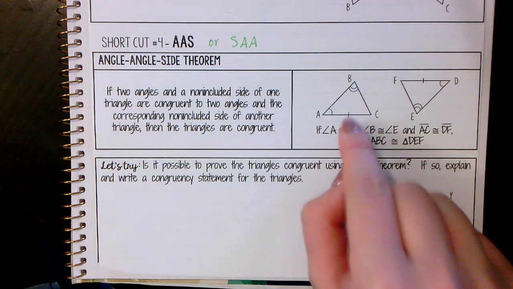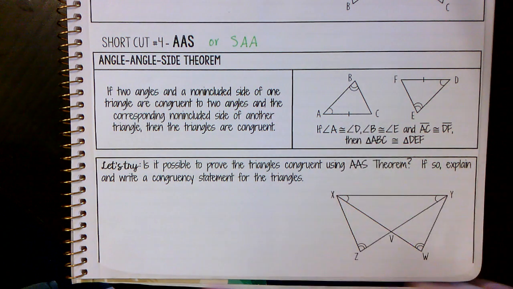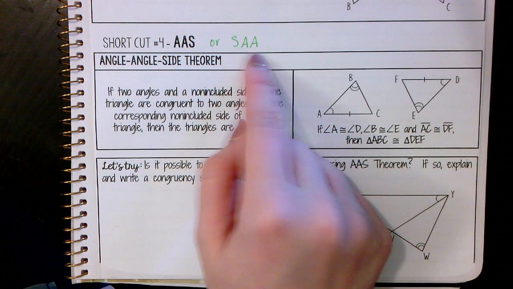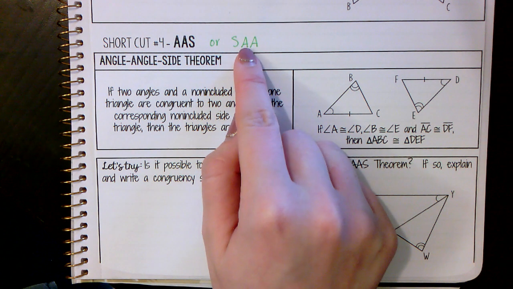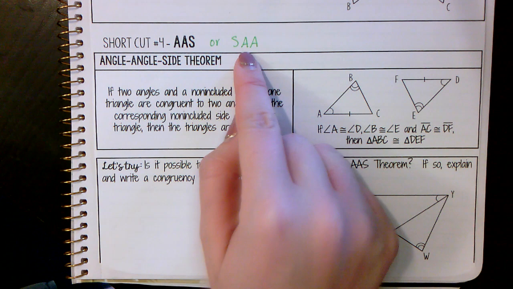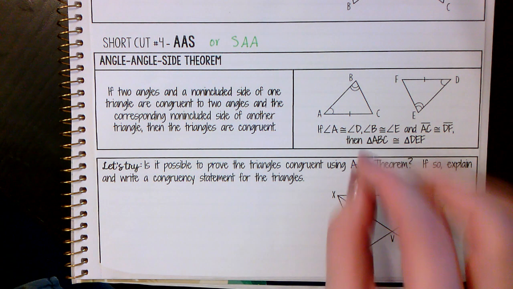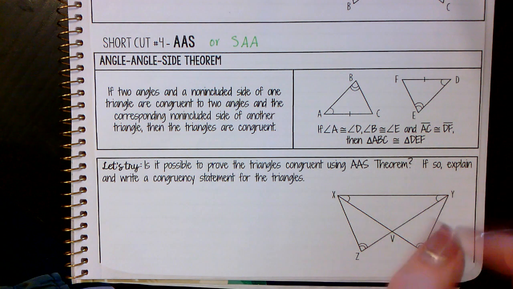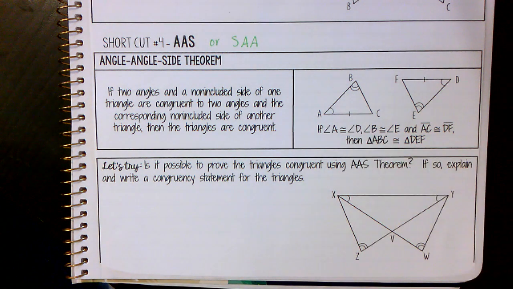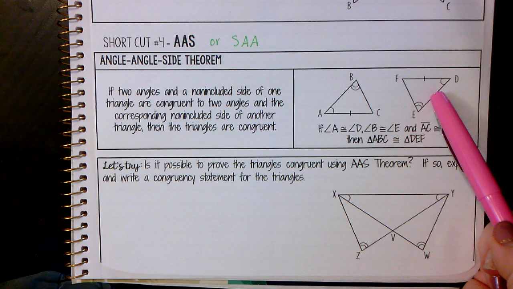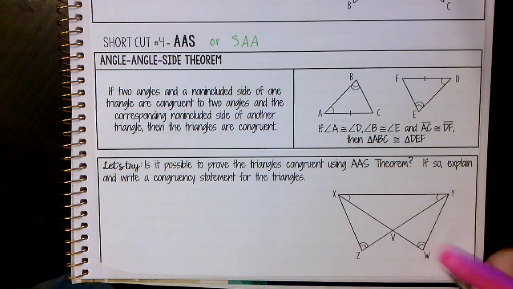Meaning, this time the side that is congruent is not in the middle of two angles, which is why it's written the way that it's written. You see how the side is not in between two angles? Same thing on your triangle. The side that is congruent is not going to be fixed in the middle of the two angles. So it wouldn't be this side and this side that's congruent. It's just a side all out by itself, hanging out.